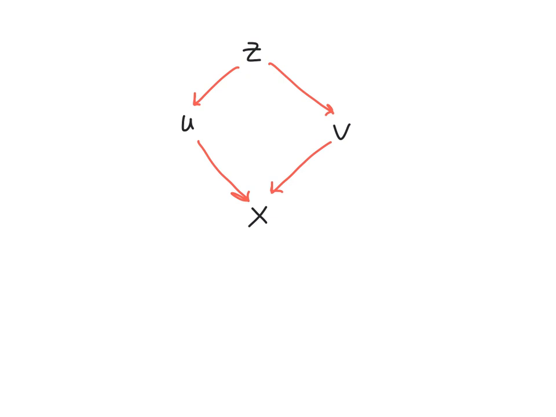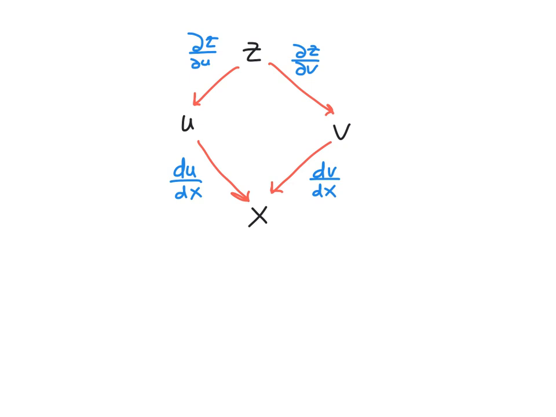So the arrow from z to u represents del z del u, and the arrow from z to v represents del z del v. Z is a function of the two variables u and v, so those are both partials. The arrow from u to x is a single variable function, so du dx. And the arrow from v to x, also a single variable function, represents dv dx.